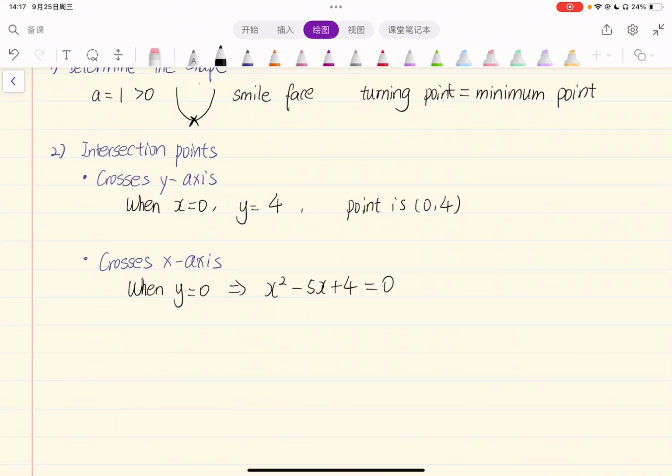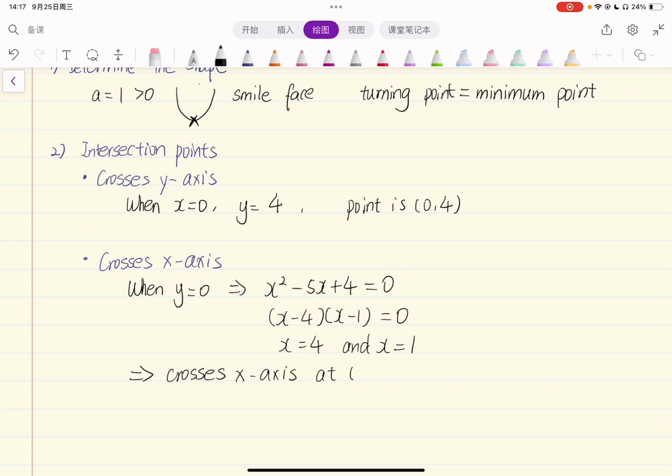That is x minus 4 times x minus 1 equals 0. We get the roots x equals 4 and x equals 1. So there are two roots, which means there are two intersection points. It crosses the x-axis at 1, 0 and 4, 0.